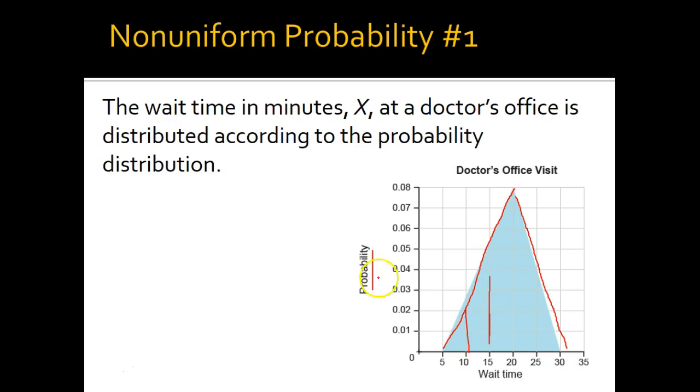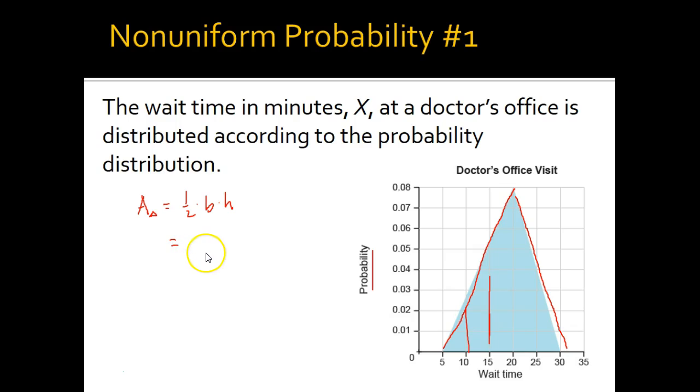Okay, so before we go into specific questions here, let me just demonstrate how you find the area of a triangle. Remember, the area of a triangle is 1/2 times base times height.